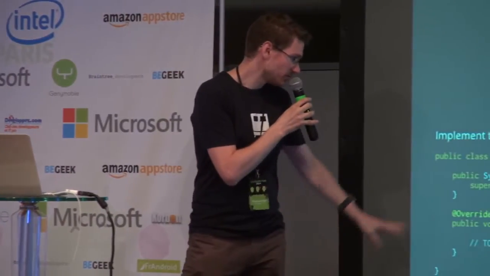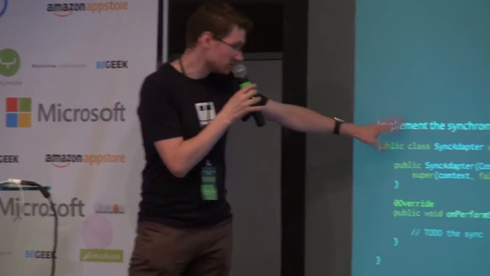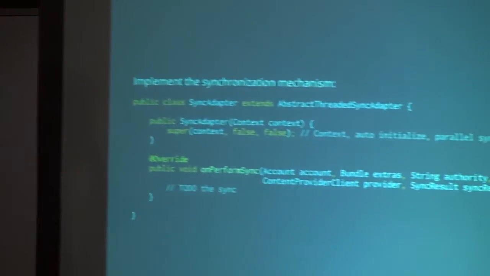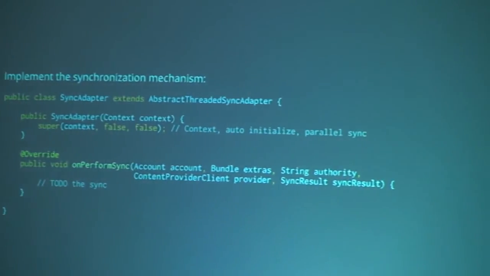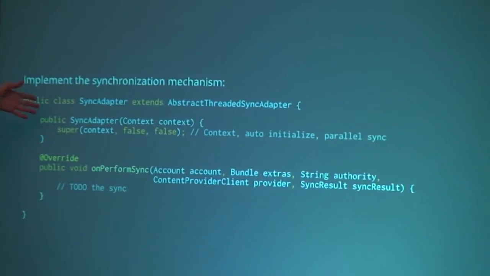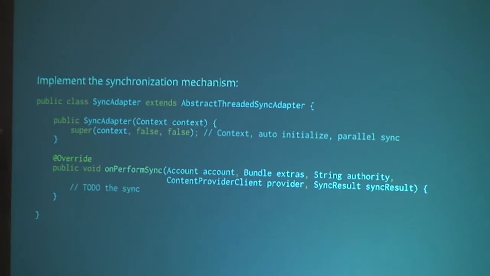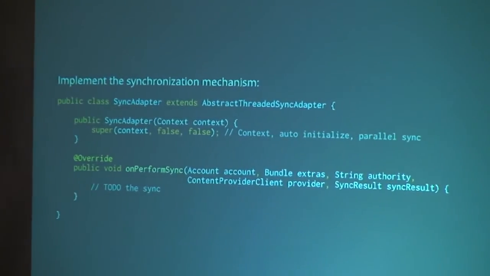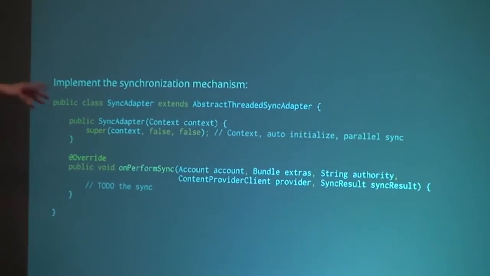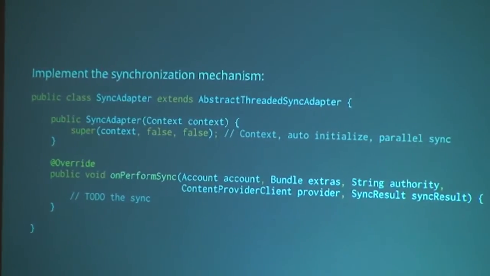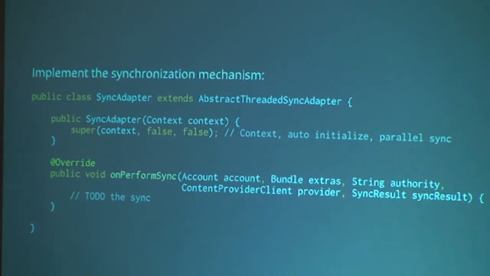So we need to create a SyncAdapter, which extends AbstractThreadedSyncAdapter. Basically, we have one method to implement here, onPerformSync. onPerformSync takes an account, the account for which our sync was needed. We have a bundle.